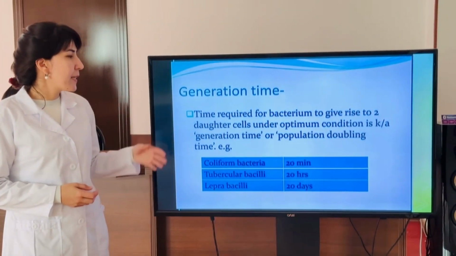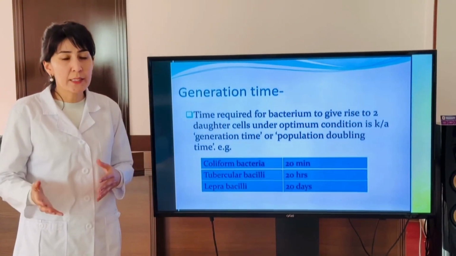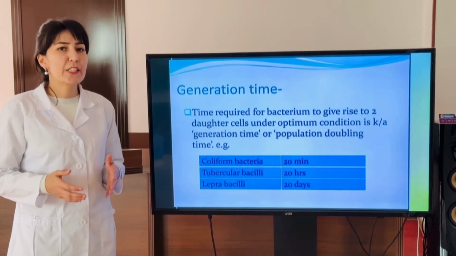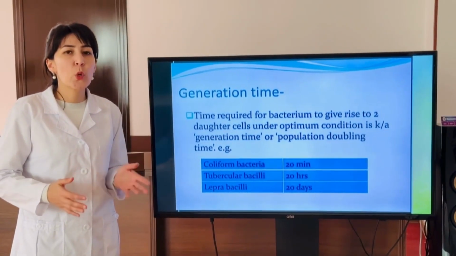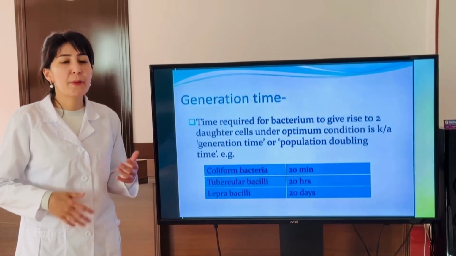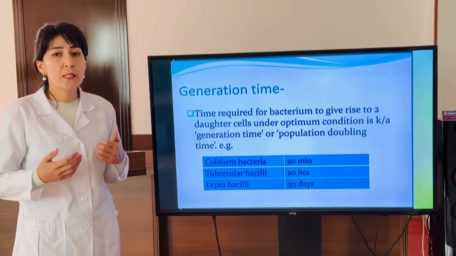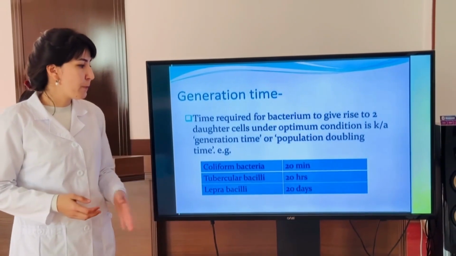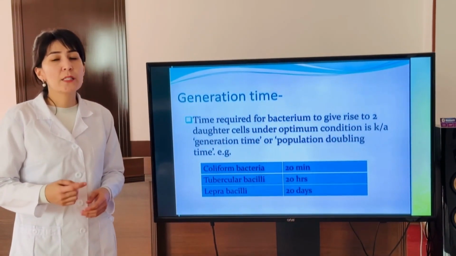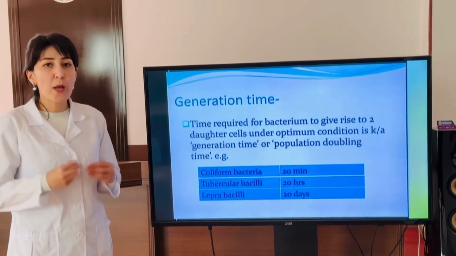Generation time: some bacteria grow quickly. For example, intestinal and digestive system bacteria grow speedily, but some bacteria do not. For example, the tuberculosis bacillus takes 20 hours to divide from one bacterium into two.